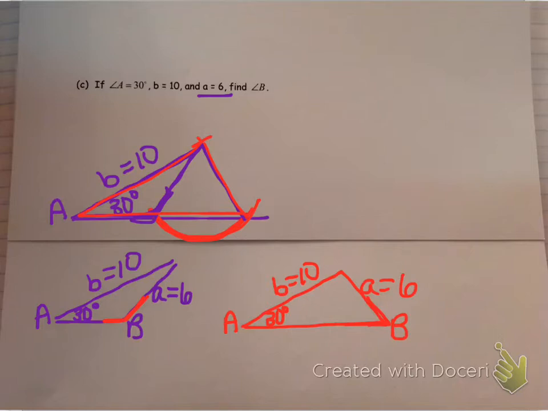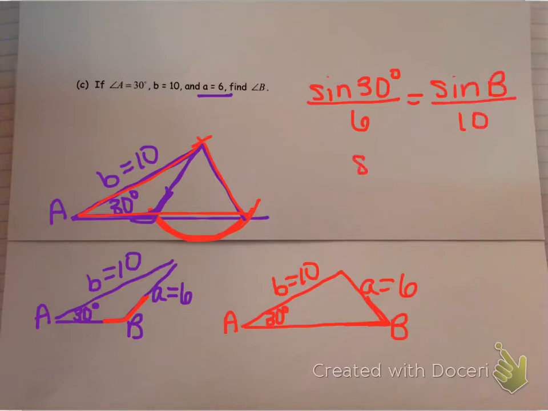We can do the same thing algebraically, because this time when we set up the law of sines, we have sine of 30 degrees over side A, which is even longer. This time it's 6. And it would be equal to sine of B over 10. And so when we cross multiply, we get sine of B is 5/6.